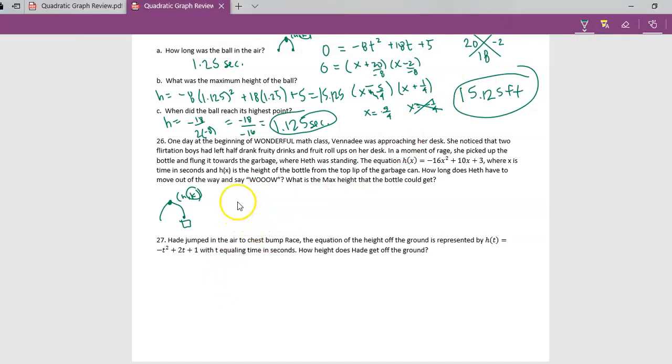So we're going to find the discriminant first, which is b squared minus 4ac. So that would be 10 squared, which is 100, minus 4 times negative 16 times 3. So they have a negative times a negative here, so it's going to be 100 plus 4 times 16 times 3, which is 192.